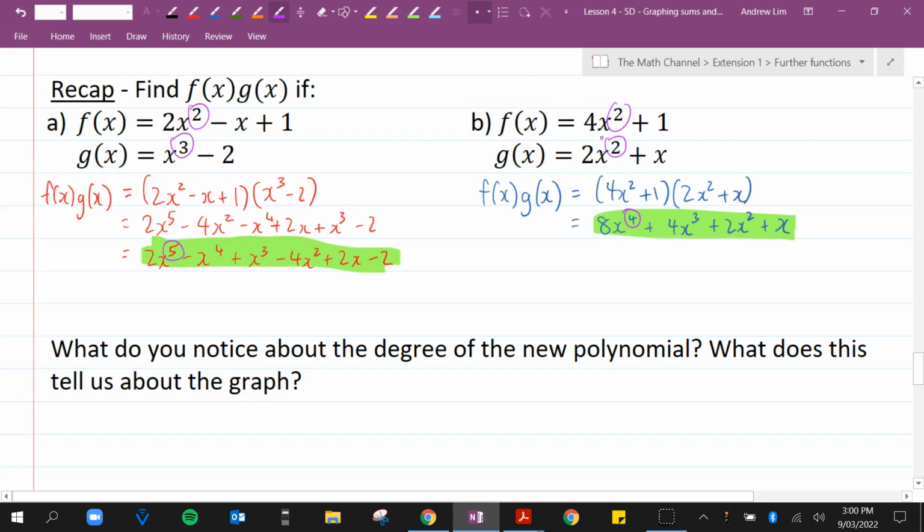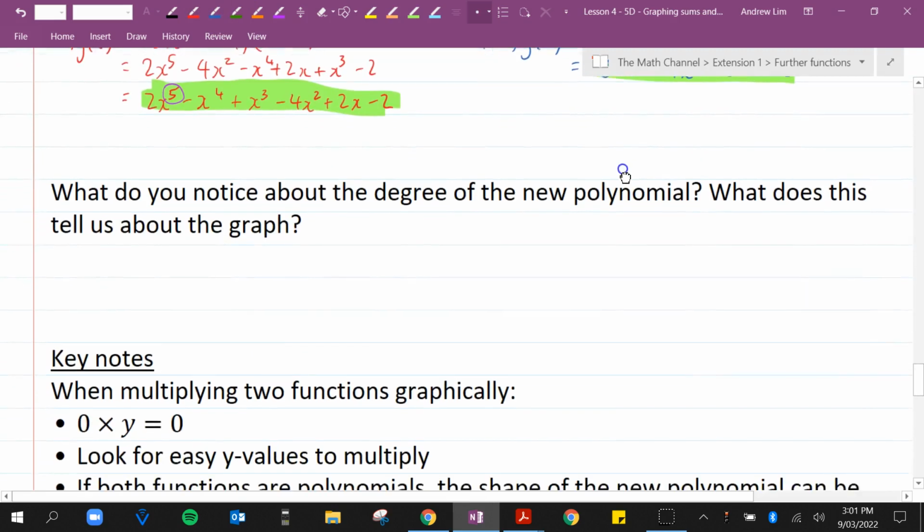So it seems like the degree of a new polynomial is the sum of the degrees of the polynomials that were multiplied. And again, this will tell us the shape to expect, right? If it's an even power, then we'll know it's like a parabola or a bumpy parabola. If it's an odd power, we know it's a cubic or a bumpy cubic, something like that. So let's just write that in.